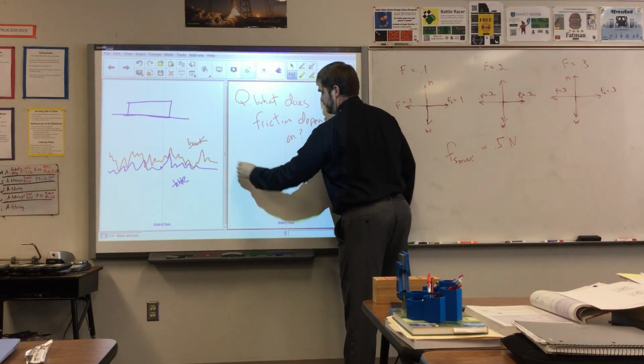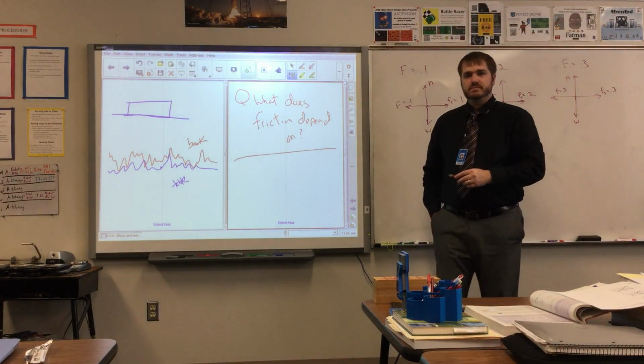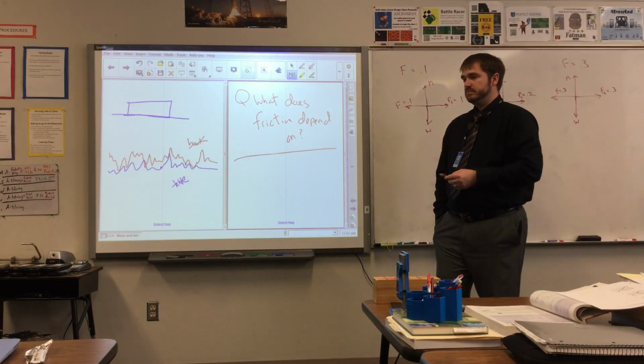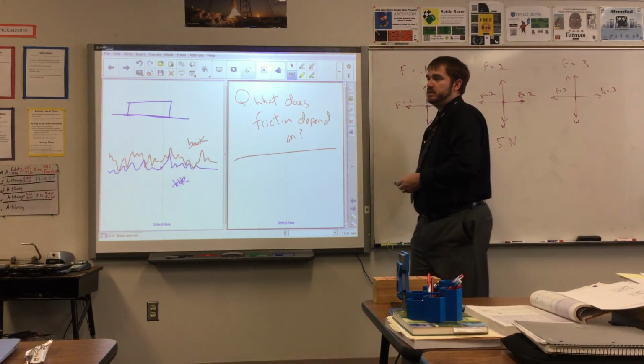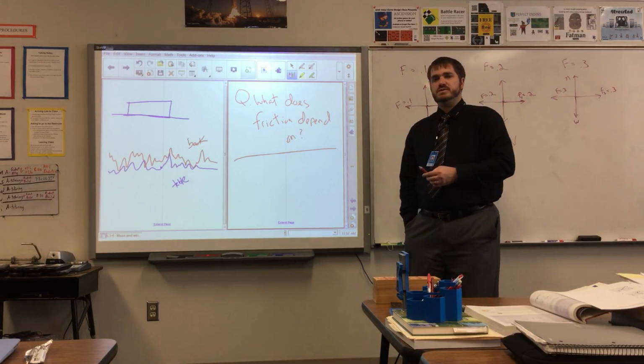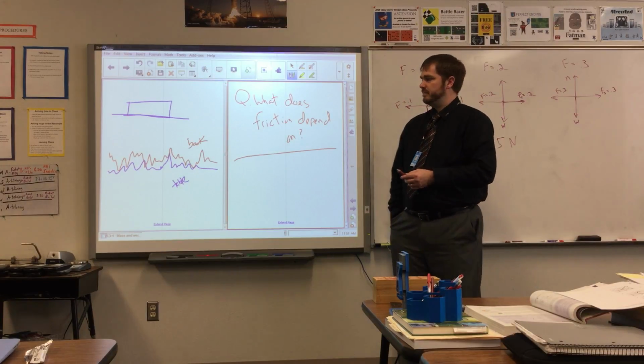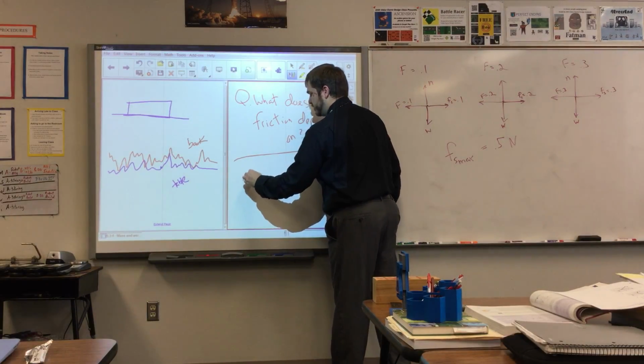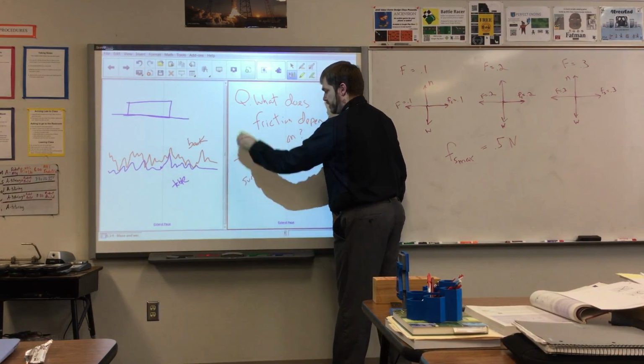Taking all guesses. What does it depend on? Wouldn't it be the same as static friction, like the surfaces in contact? So what do you mean by the surfaces in contact? Well, they have ragged features, so they're going to stop themselves from moving. So you're saying the surface geography. Yes.